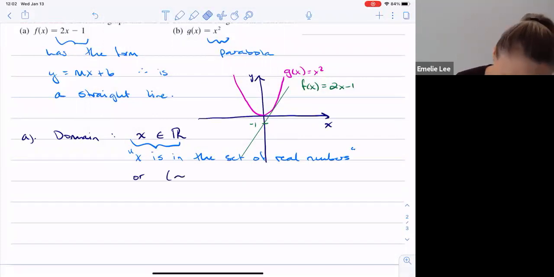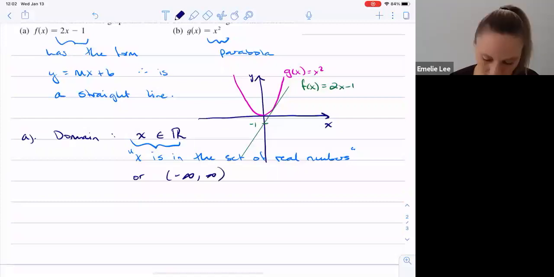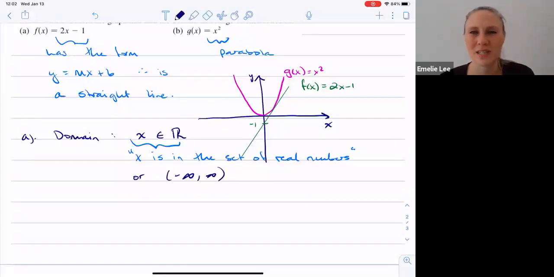Or if you prefer interval notation, negative infinity to infinity. Lots of different ways that we can represent the same thing. But especially in WebAssign, they like to have you give answers in interval notation.